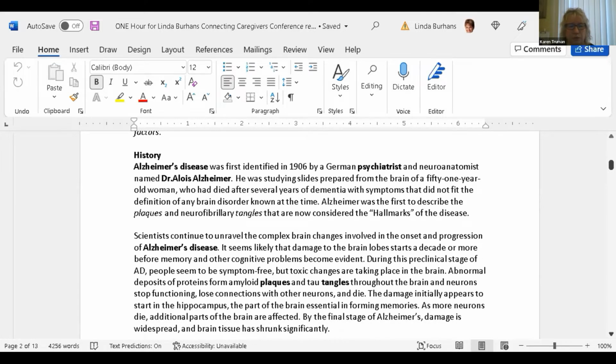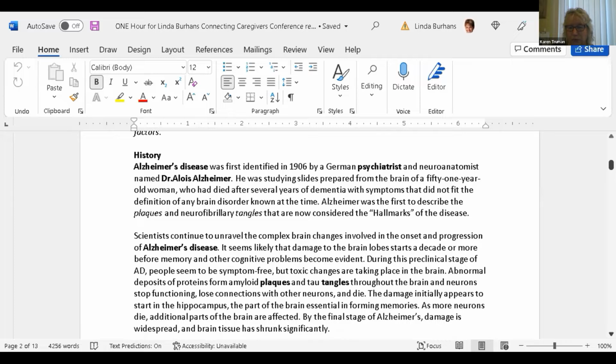So Alzheimer's was first identified in 1906 by a German psychiatrist named Dr. Alzheimer. He worked in what in those days was considered an insane asylum. And in that asylum, he had a lady that he was fascinated with because she was only in her 40s and she did not fit the definition of any brain disorder known at the time.